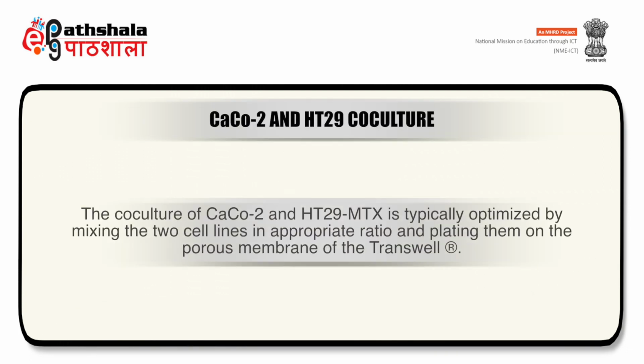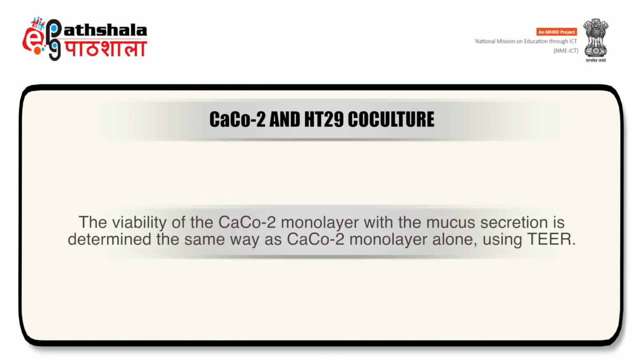The culture of Caco-2 and HT29-MTX is typically optimized by mixing the two cell lines in appropriate ratio and plating them on the porous membrane of the transwell. The viability of the Caco-2 monolayer with the mucus secretion is determined the same way as Caco-2 monolayer alone, using TEER.